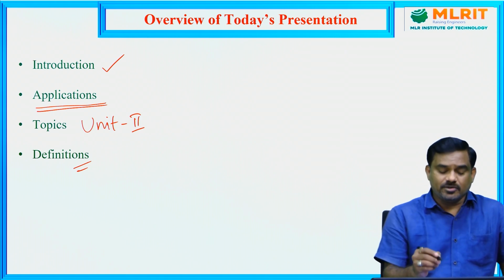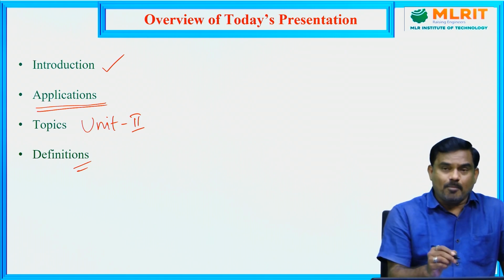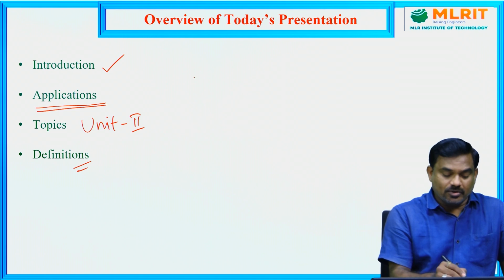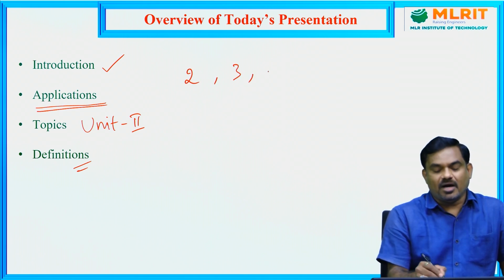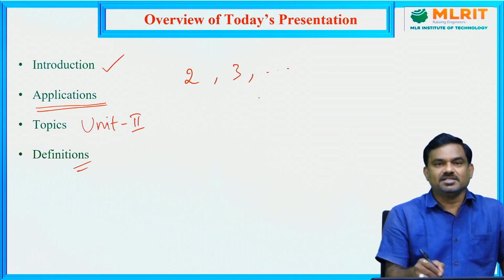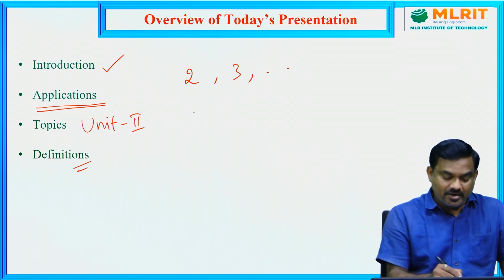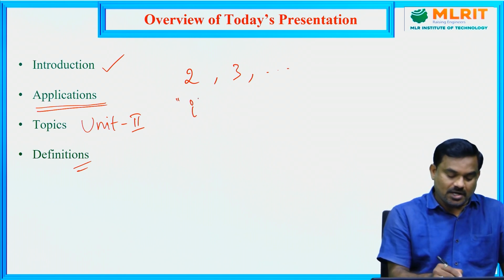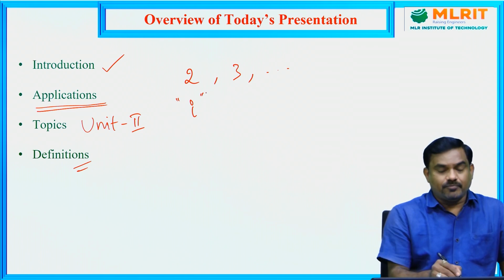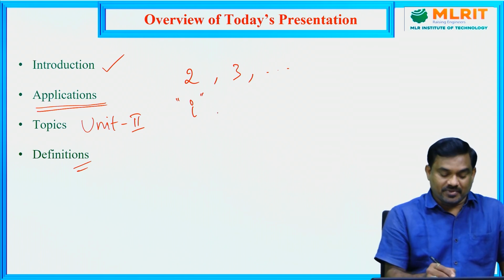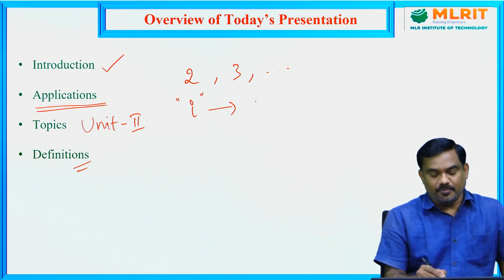Now, coming to a complex number, we know that if I write 2 or 3 or any other number, all these are real numbers. And when we introduce this i, that comes under complex numbers.